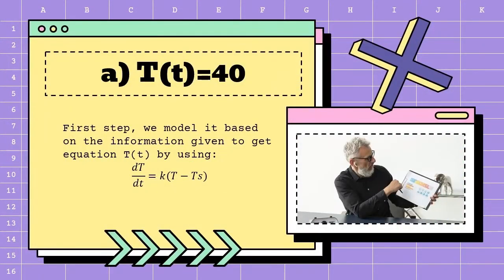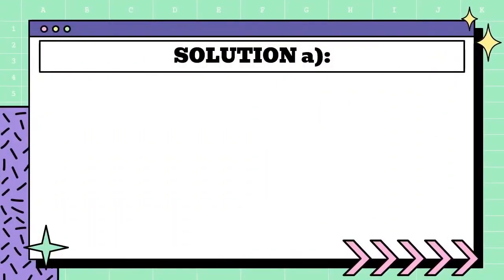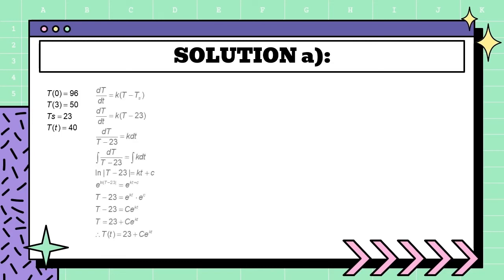Question A. Before starting the calculations, as the first step, we model it based on the information given to get T(t) by using dT/dt equal to k(T minus Ts). So here is how we model it using the equation to get T(t).